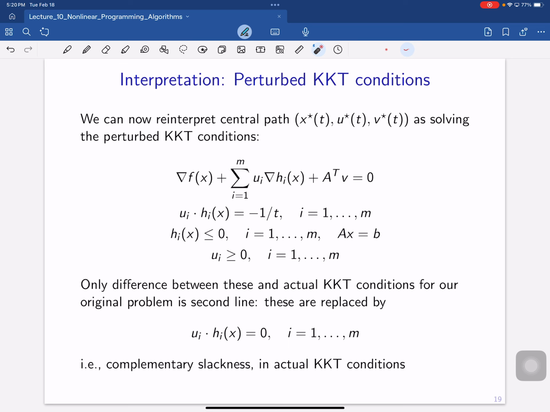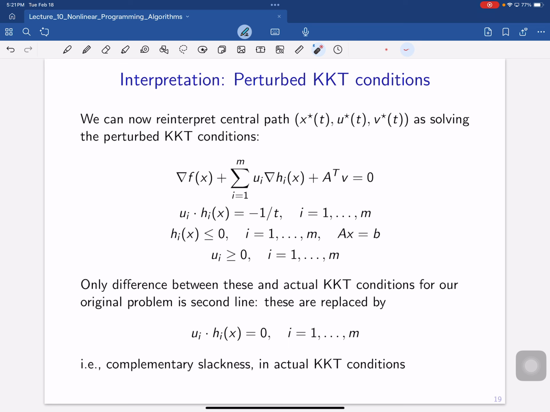Right? So now with these perturbed KKT conditions, the only difference with respect to the KKT conditions is this complementarity condition. So you can think about as t goes to infinity, this system of equations will be exactly the KKT conditions.